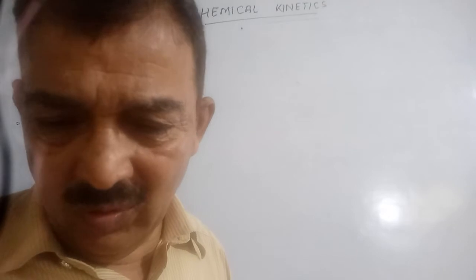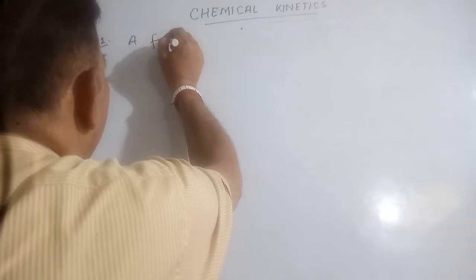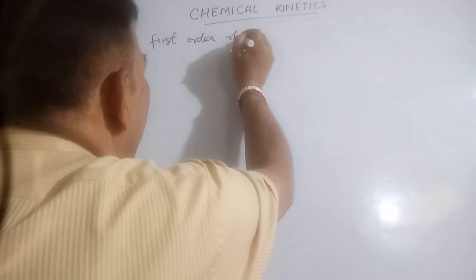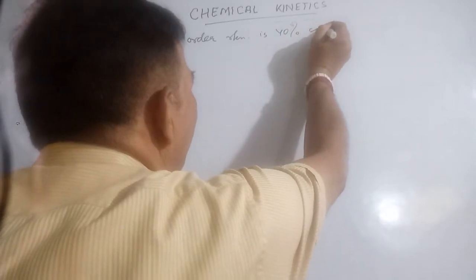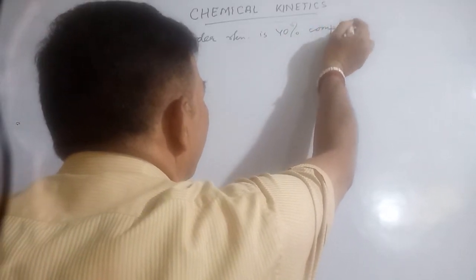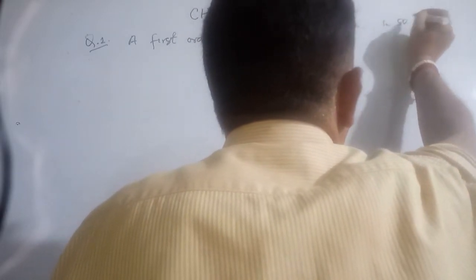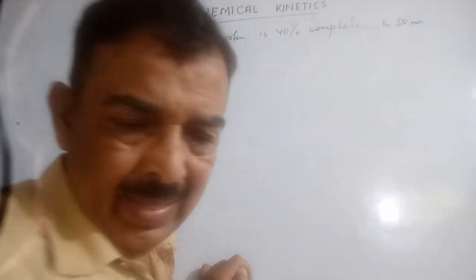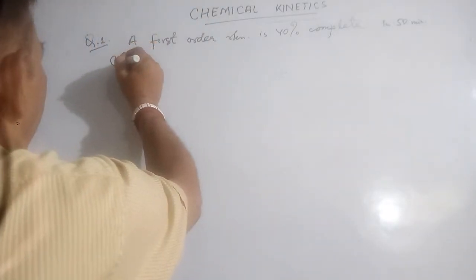A first order reaction is 40% complete in 50 minutes. Calculate the value of rate constant.